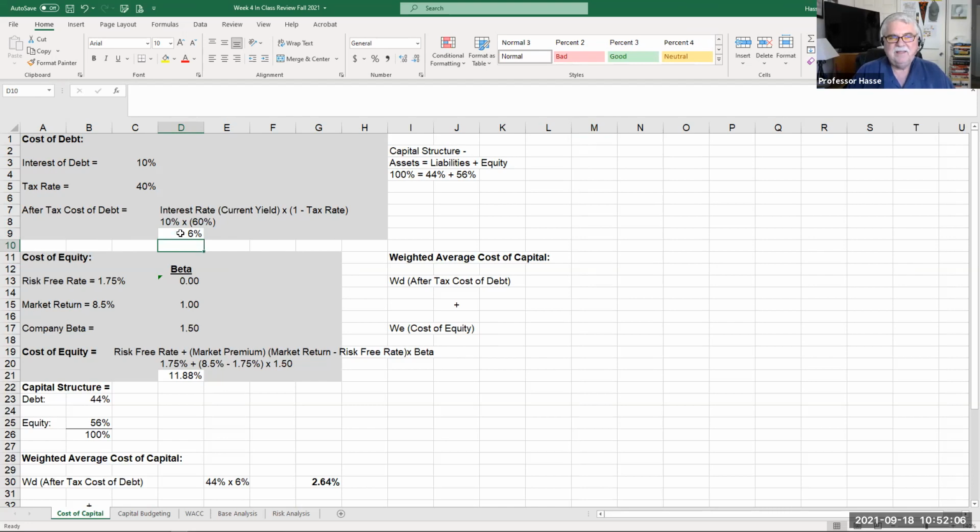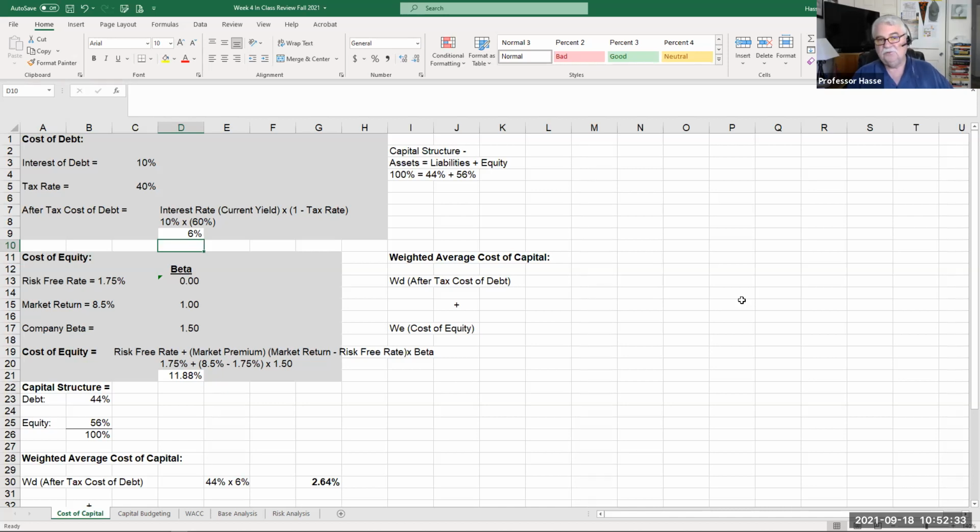What that means is they're still paying their investors 10% interest, but when they put that interest expense on their tax return, they get to deduct it on their taxes. So they can deduct up to 40%. That's their tax rate. So their true after-tax cost of debt, taking into account their tax situation, is really costing them 6% on their money. That's the cost of debt.